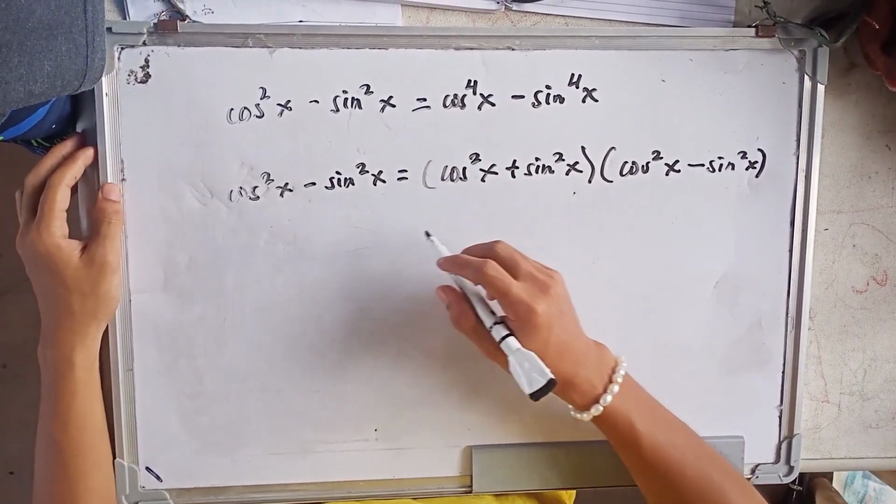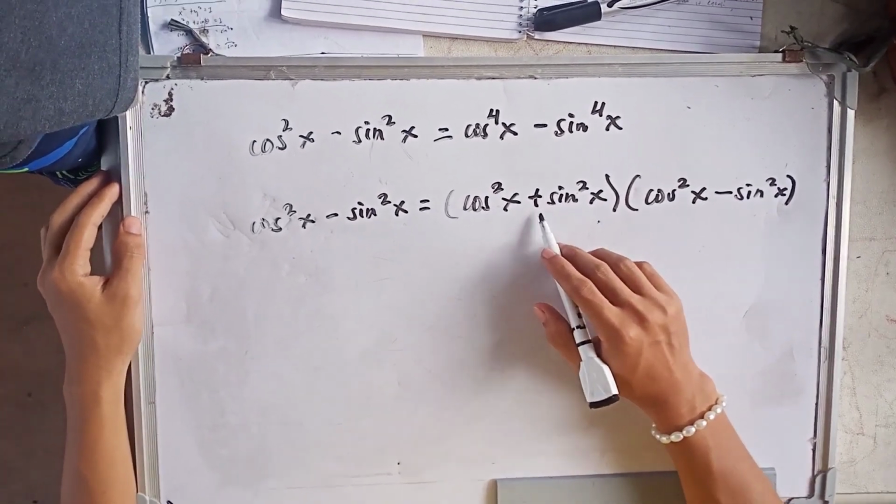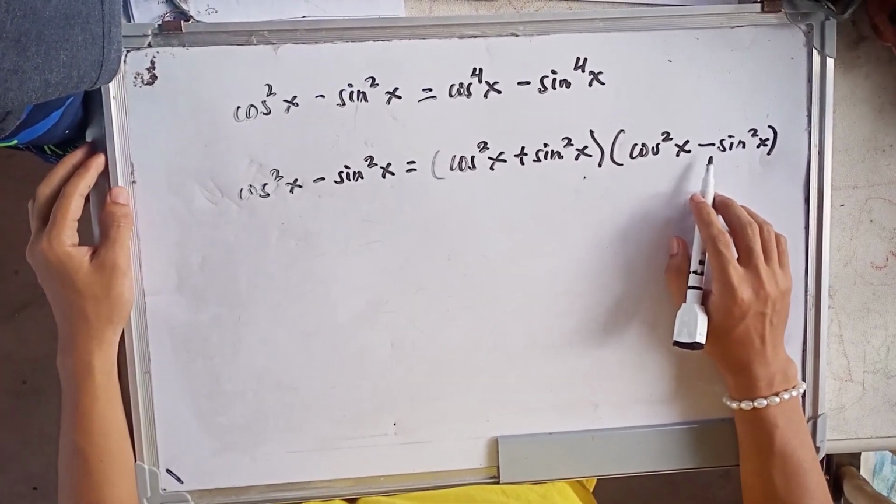As you can see on the right side of the equation, we have an addition sign and a subtraction sign.